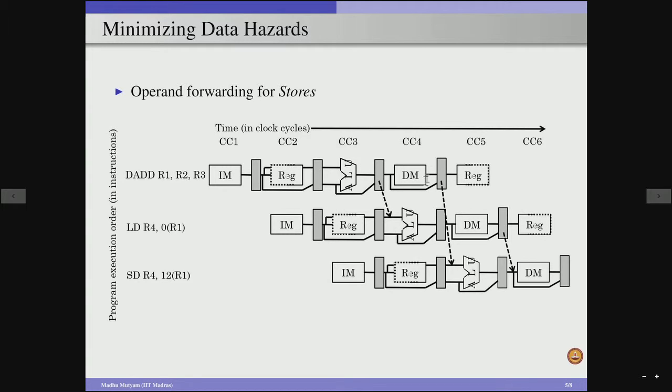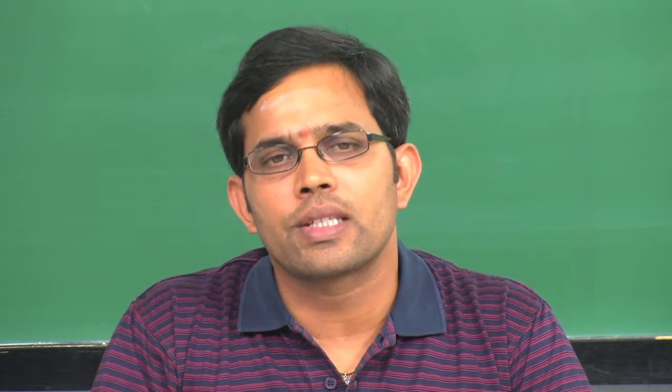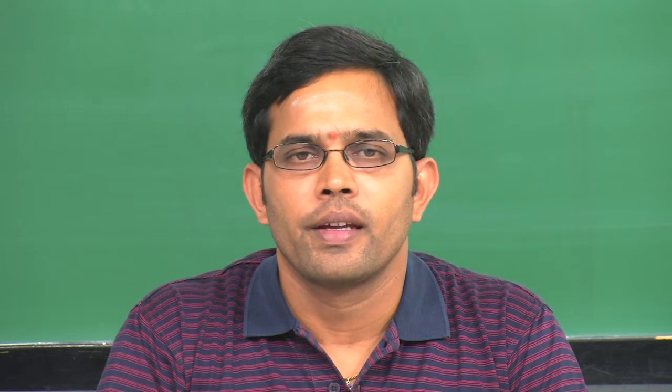So effectively, at the end of the fourth cycle, we get the R1 value forwarded through operand forwarding. At the end of the fifth cycle, we forward the load value to the store. So by the end of the sixth cycle, we perform the store operation successfully. So effectively, we are not incurring any stall for this store instruction.